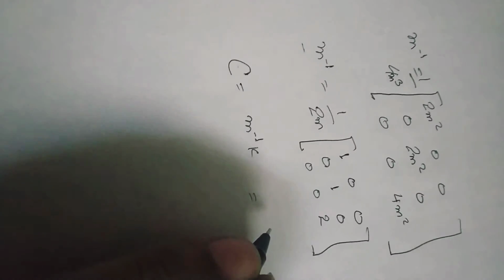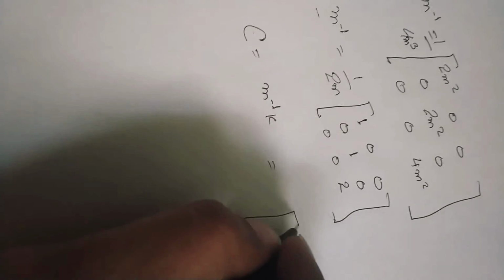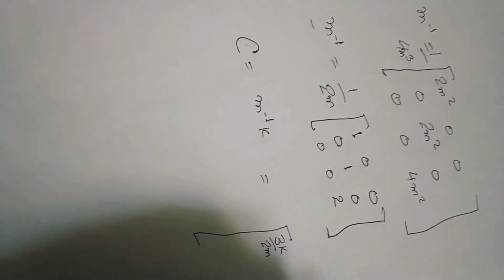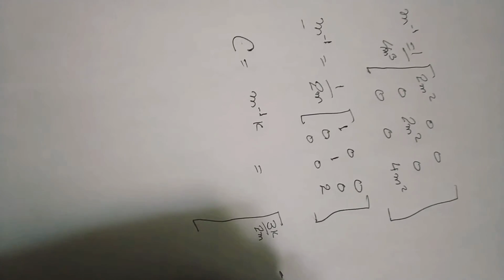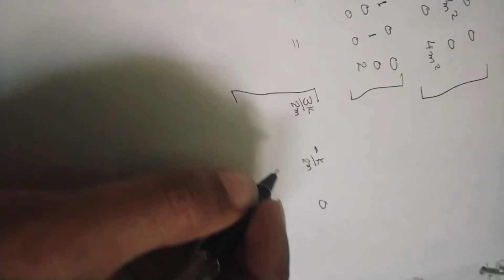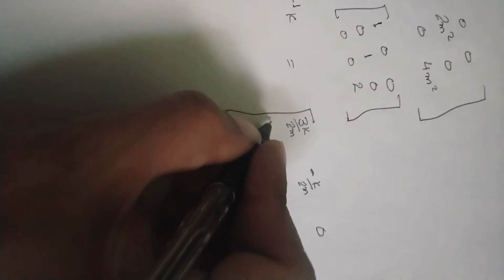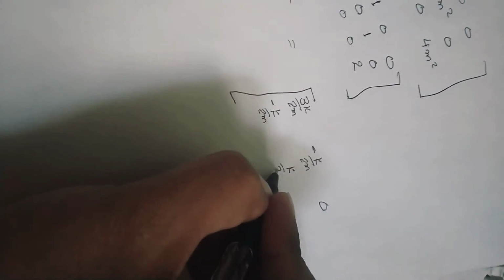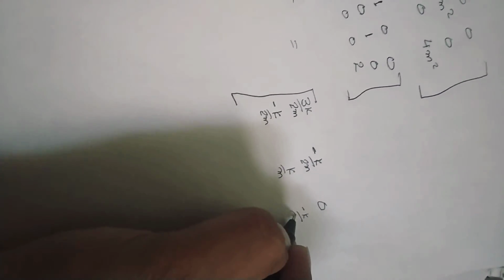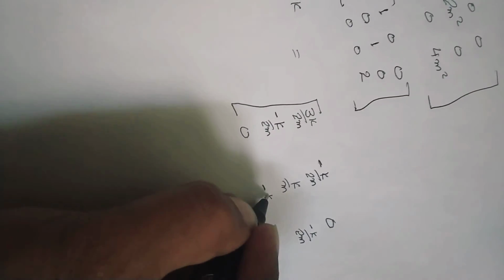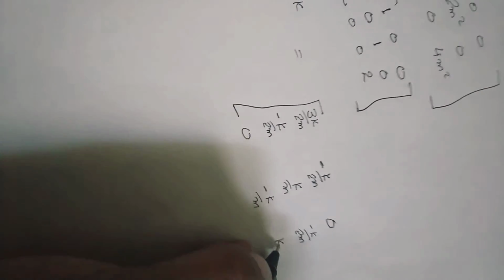Now we can write it as 3k by 2m, minus k by 2m, 0; minus k by 2m, k by m, minus k by 2m; and 0, minus k by m and k by m.